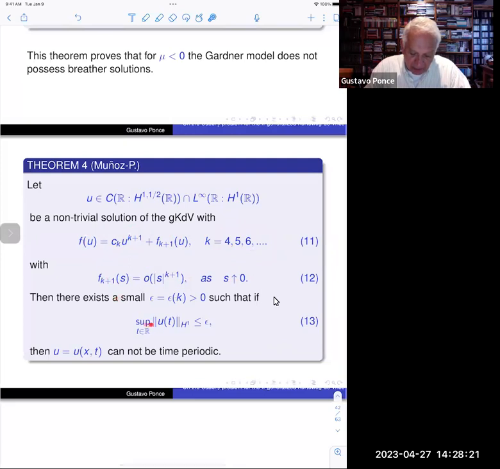Then you don't have breather solutions that are small. Global existence is only guaranteed if you are small, but if you are small, you cannot have a breather. If you put all this together, it almost proves that the only power that has a breather is the modified KdV, k equal to 2. Why? I don't know.